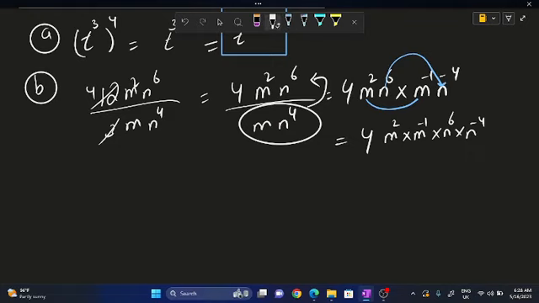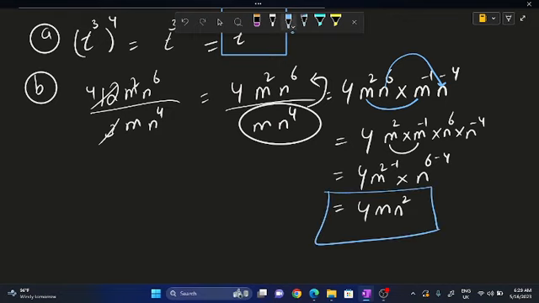Now use the base rule of maths. Bases of m and m are same, so powers can be added. 4 m raised to the power 2 minus 1 times n raised to the power 6 minus 4. That is equivalent to 4 m n raised to the power 2. That is the answer for this B part.